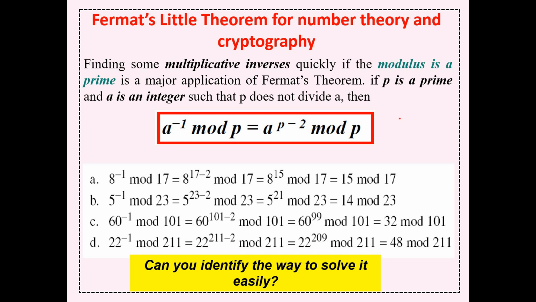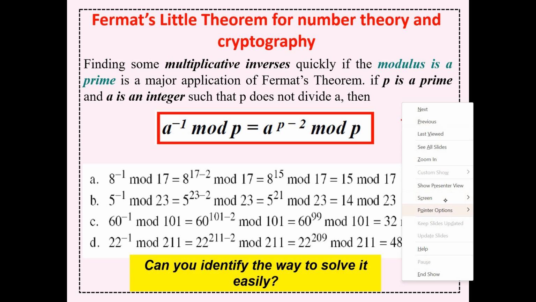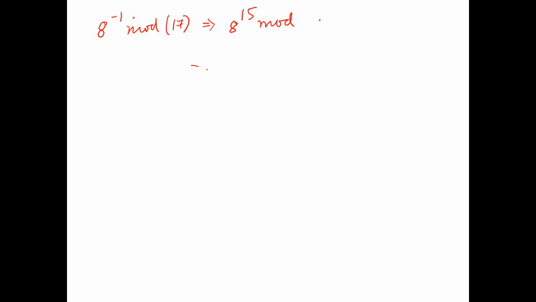So let's see how we are going to do it. Let's take this question itself: 8 inverse, that's how it is mentioned. I'm starting the question from this point. This is given mod 17, and we have already represented it in terms of 8 to the power 15 mod 17, keeping the formula intact.